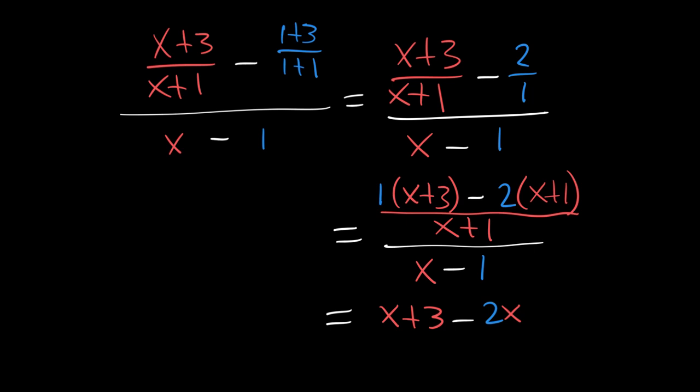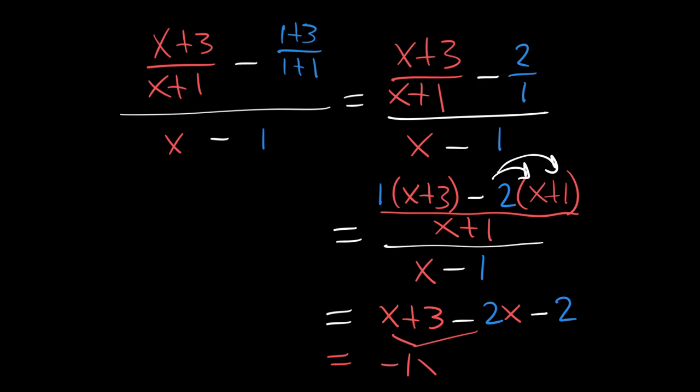Because if I distribute that, that's 2x, and 2 times 1 is 2. So that would be minus 2. And I can combine like terms. So that means I would have x minus 2x. That would be negative 1x. And 3 minus 2 is 1.